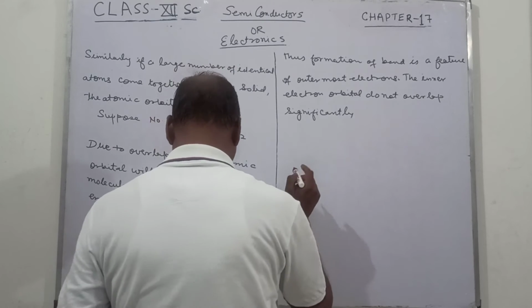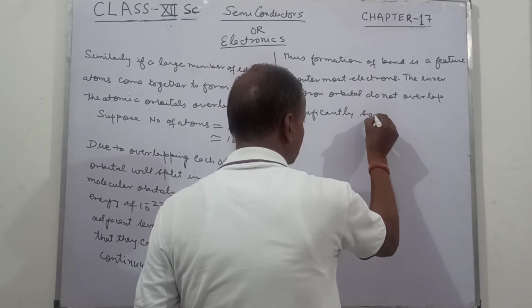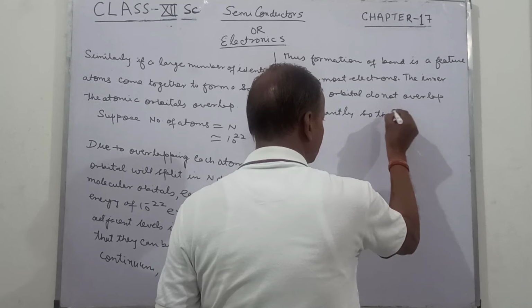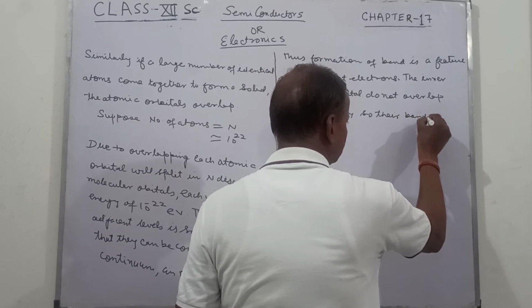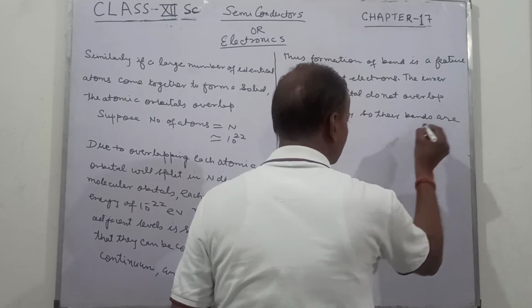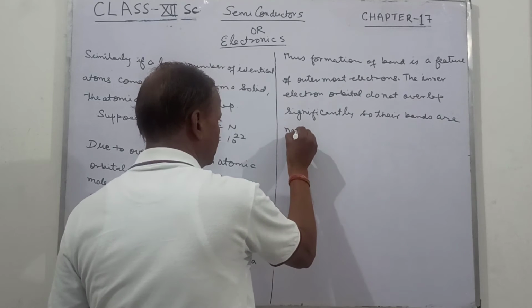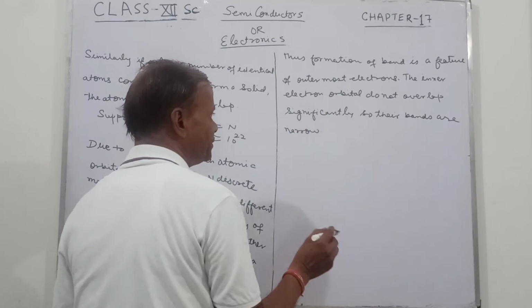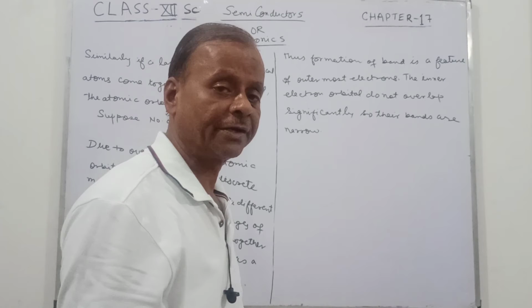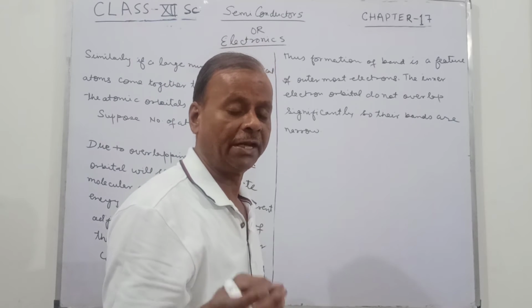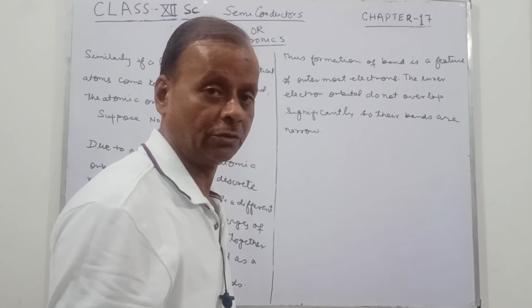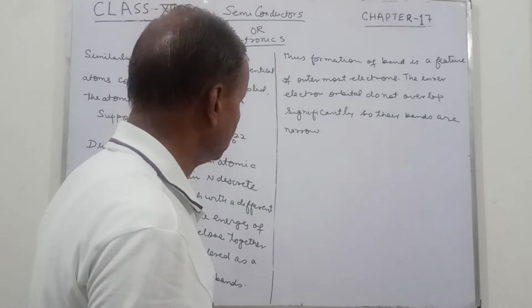So their bands are narrow. It means that the inner orbitals remain approximately unaffected. They are less affected in the crystal.